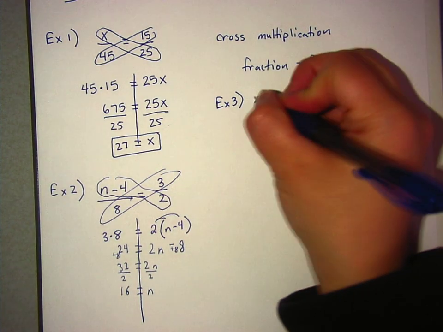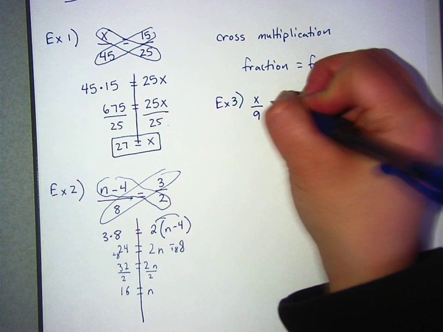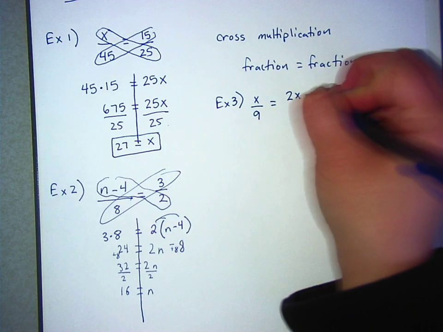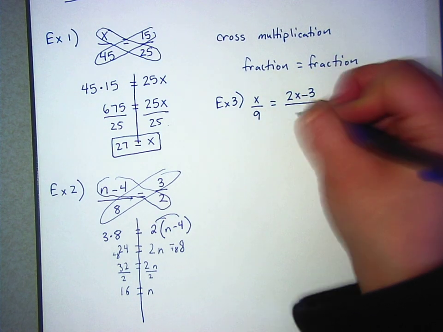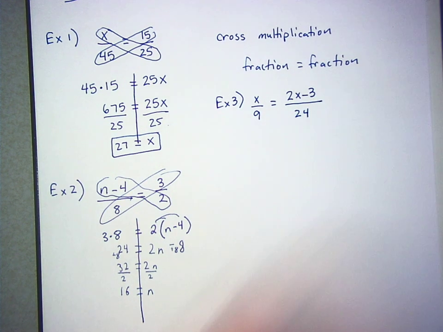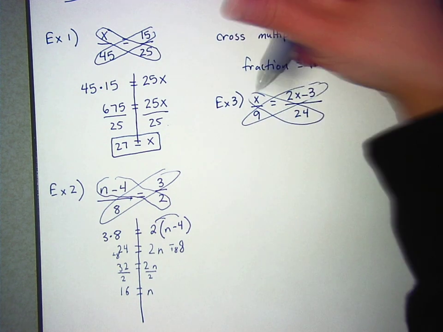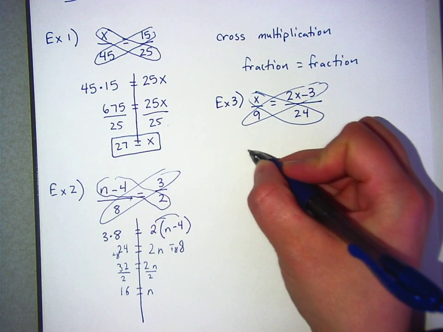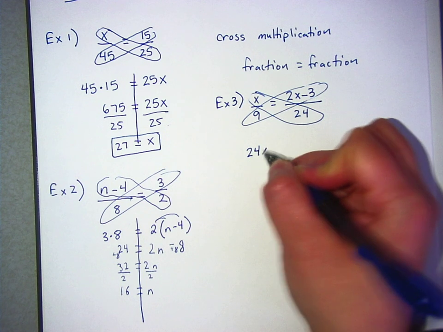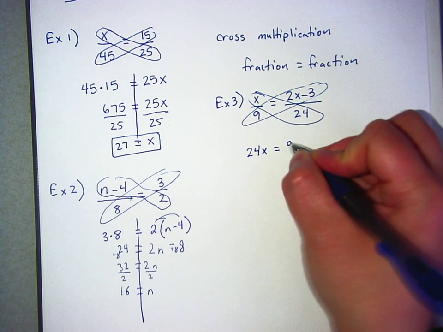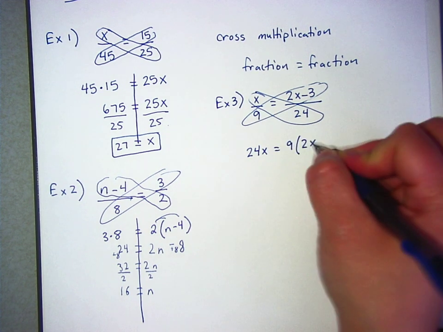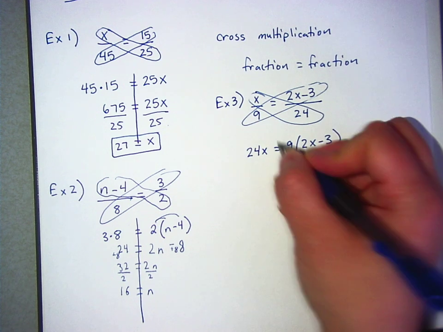All right, x over 9 equals 2x minus 3 over 24. All right, fraction equals a fraction, so I'm going to cross multiply. So that would be 24 times x equals 9 times parentheses 2x minus 3.